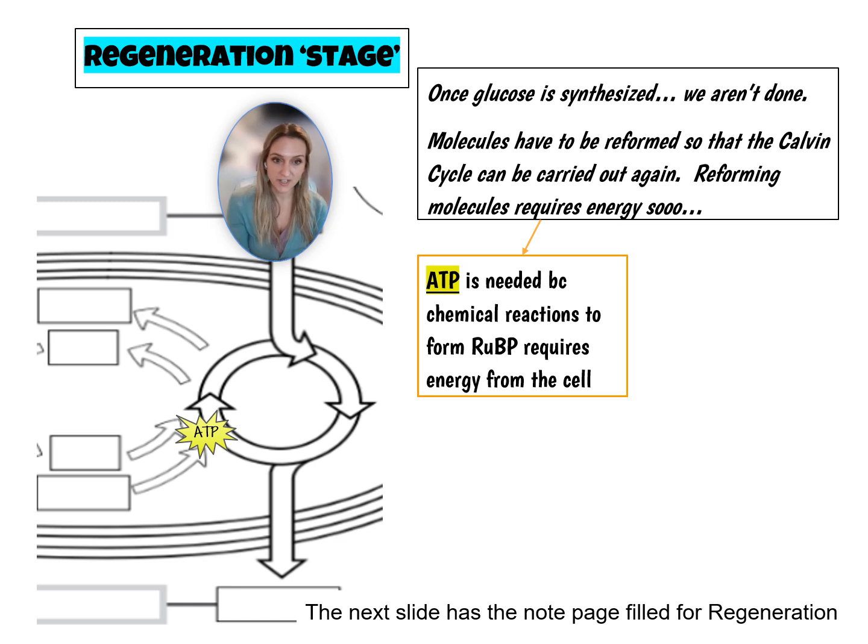So final stage, we need to reform the RuBP because RuBP is going to be starting the Calvin cycle or the light independent phase, and it's going to be the last thing that happens. It's going to be reformed again so that we can have the cycle continue.